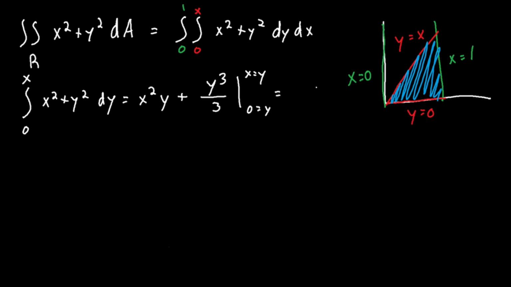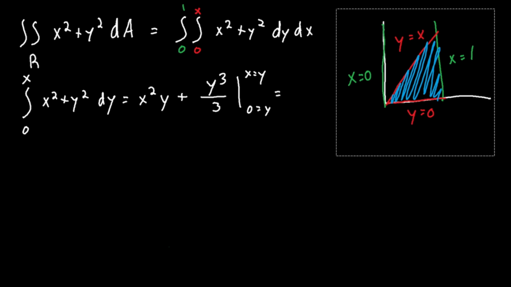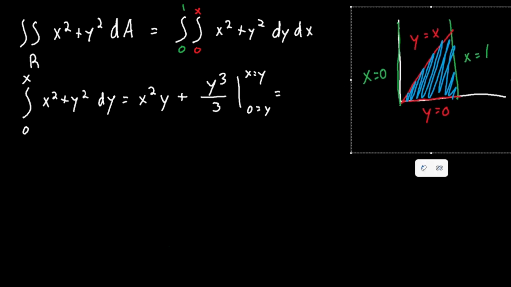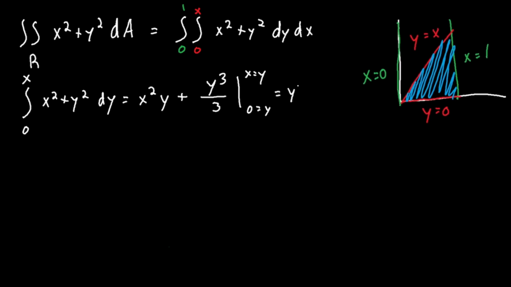If you plug everything in, what you get is x to the power of 3 plus x to the power of 3 over 3. So all I did was substitute x into y here.